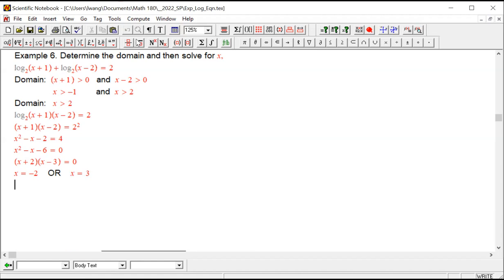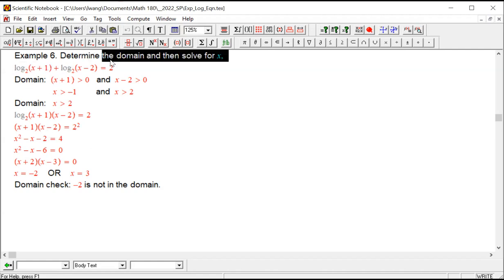Okay, and we're going to check our answer. Domain check: we know that the domain is x larger than 2, so -2 is not in the domain. And for x equals 3, we need to go back to the original equation.